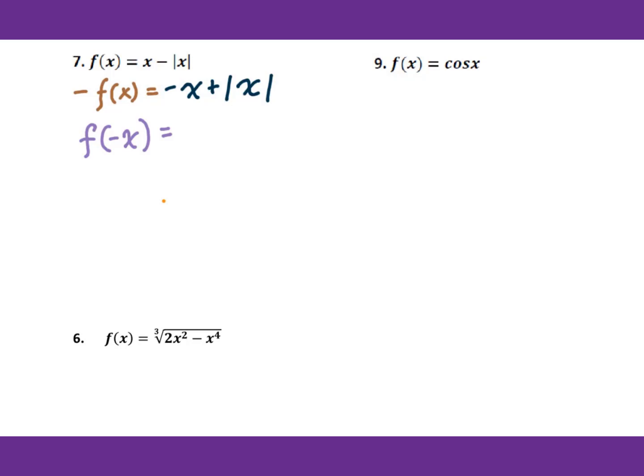F of negative x means we need to plug every single x into negative x. So we got negative x minus absolute value of negative x. We get rid of the parentheses. You get the absolute value of negative x is the absolute value of positive x.